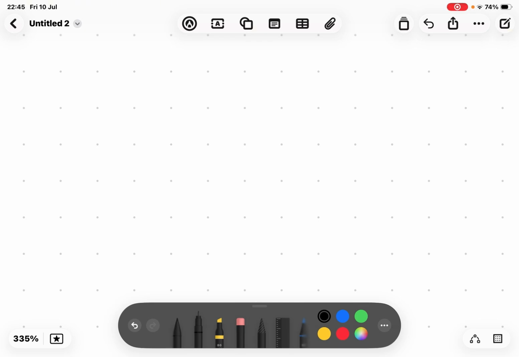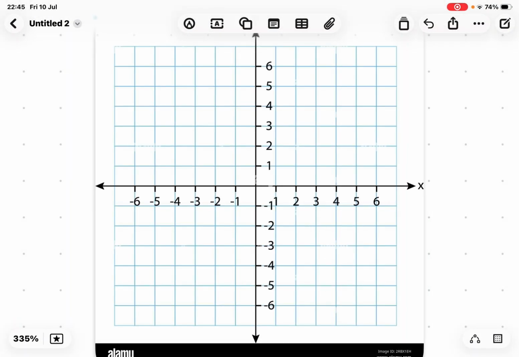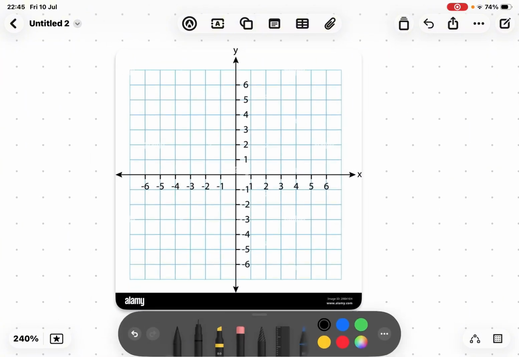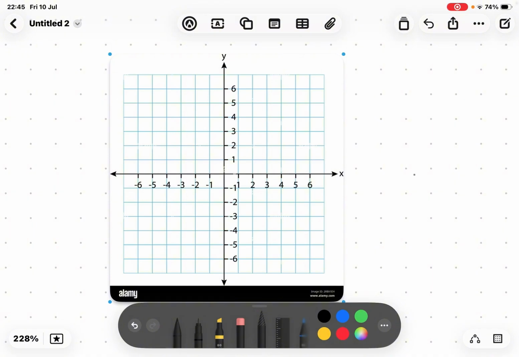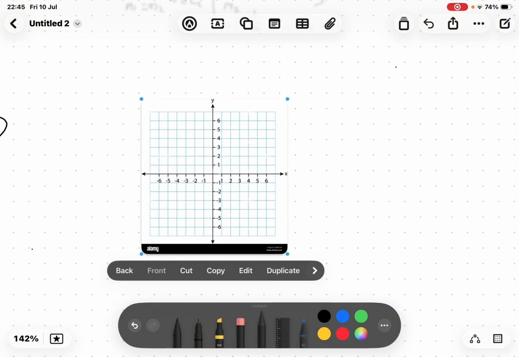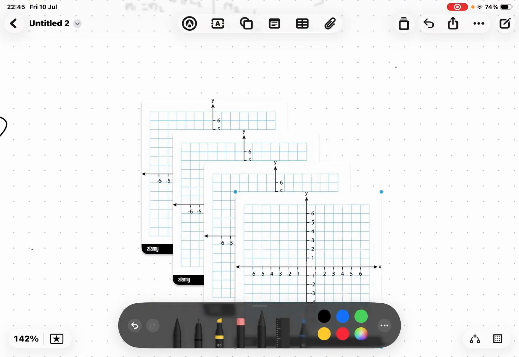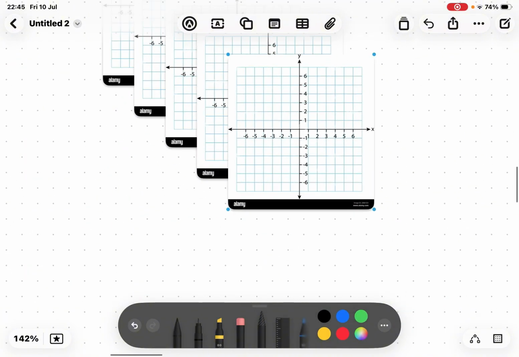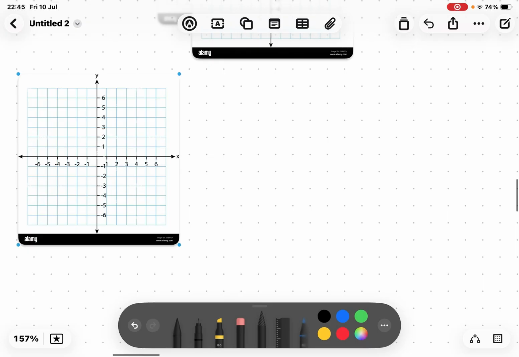Now we have equations and we're going to put them on a graph. So let me get my graph ready.